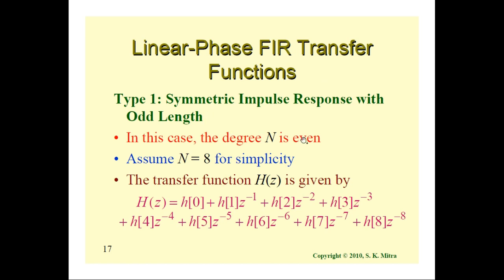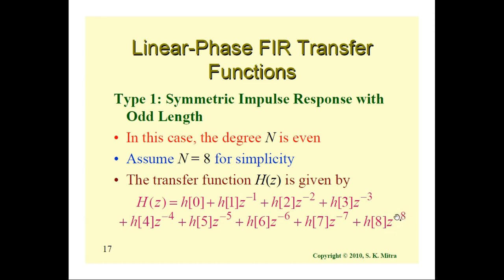So here, as an example, we consider a type 1 system which has a symmetric impulse response with odd length and even order, and we select order N equal to 8 for simplicity. This is the related transfer function of this filter, because there are 9 different coefficients starting from h0 till h8, and the highest power of z inverse is 8.